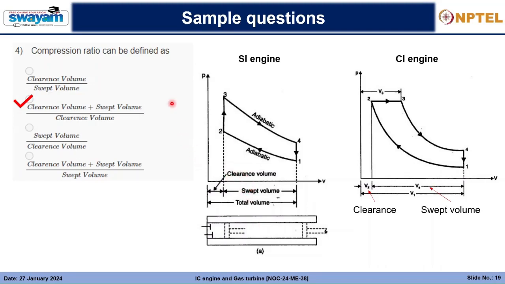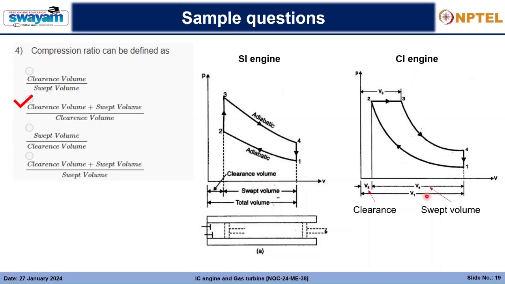And that way, we can define the compression ratio as the clearance volume plus swept volume, that is the total volume, divided by the clearance volume. Wherever the clearance volume is less, there will be a higher compression ratio. Obviously, the smaller the clearance, the more the mixture will be compressed, and that's why the compression ratio is higher.